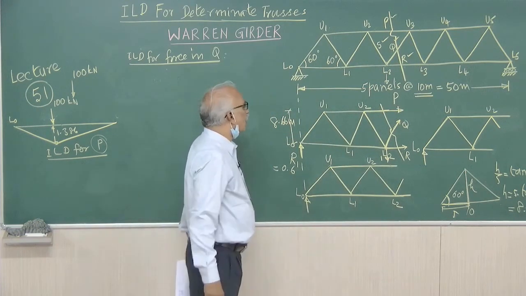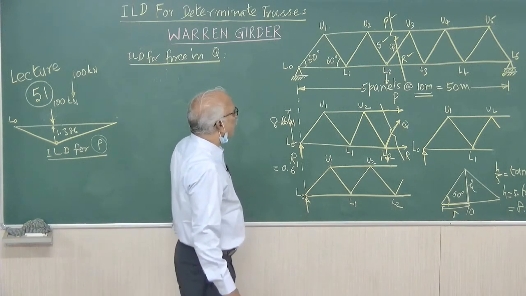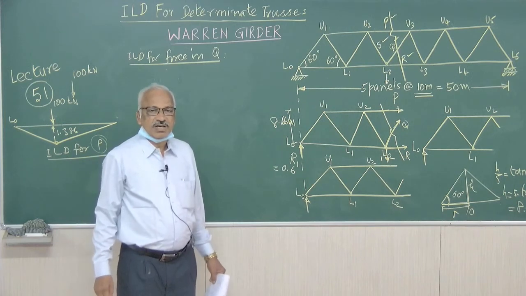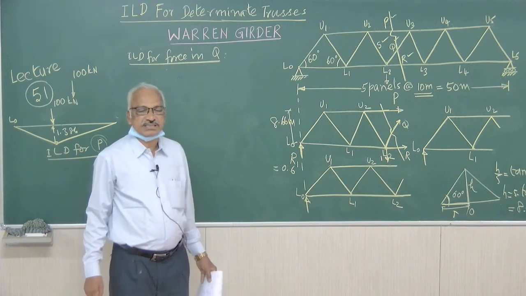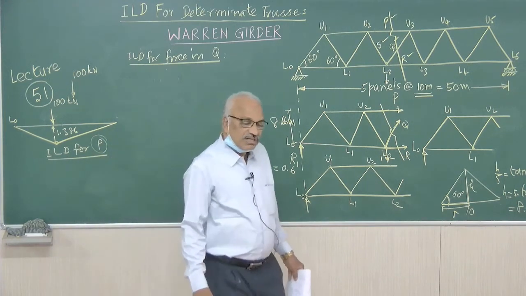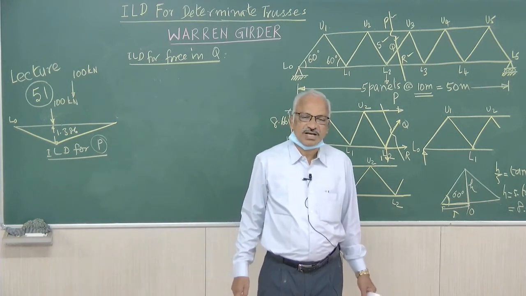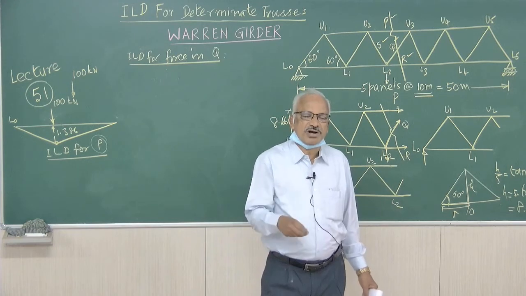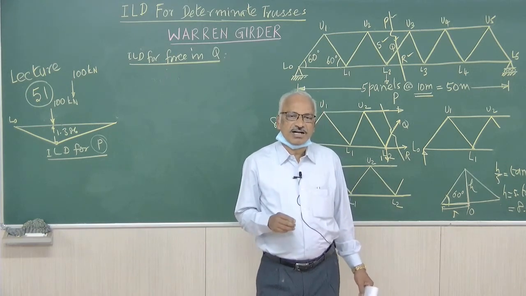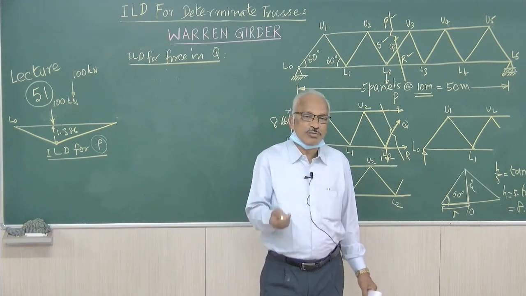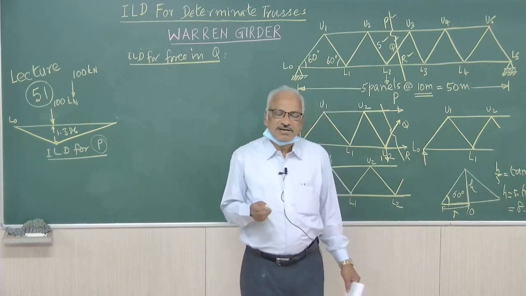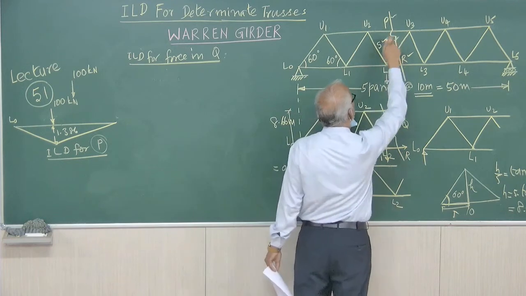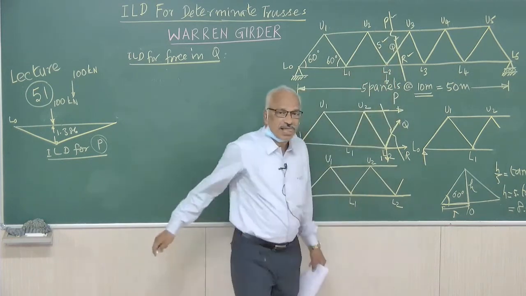Now, the other two cut members P and R, they are parallel members. So, they will not meet. So, you cannot choose the top chord or bottom chord as a loaded chord for taking moments, because when you choose some point at the bottom chord, P into height will come into the picture.